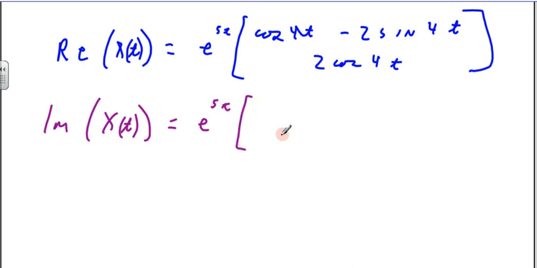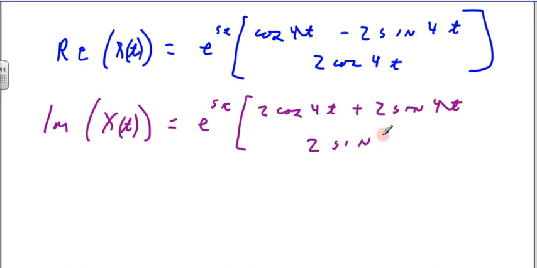And I'm going to have 2 cosine 4t plus 2 sine 4t and 2 sine 4t. Okay, so isn't that just the most loveliest thing you've ever seen?